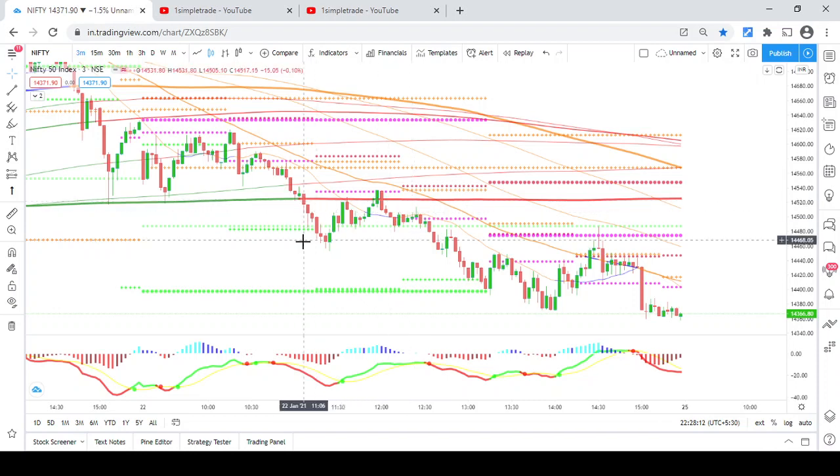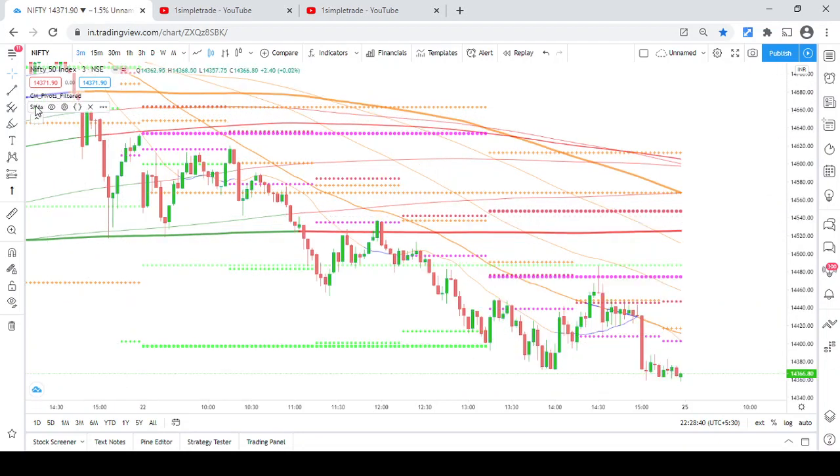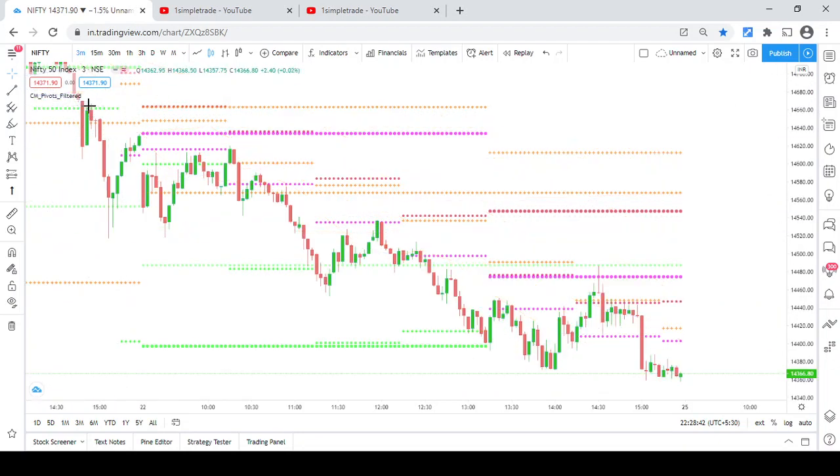So ideally, this is not a scenario that one would like in real life. Then why do we use this on our charts? It is important that you make your charts simple, declutter them, and use as few indicators as possible.